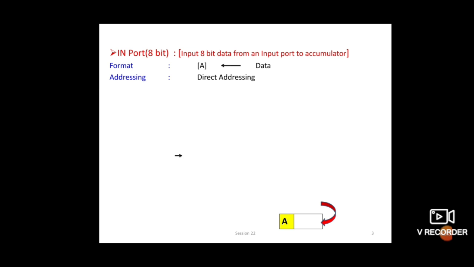Addressing is direct addressing. Why is it direct addressing? Because all data is directly transferred to the accumulator. 2 bytes are required to store the instruction in memory location: 1 byte to store the 8-bit port address and another 1 byte is the opcode for input. So totally 2 bytes are required.